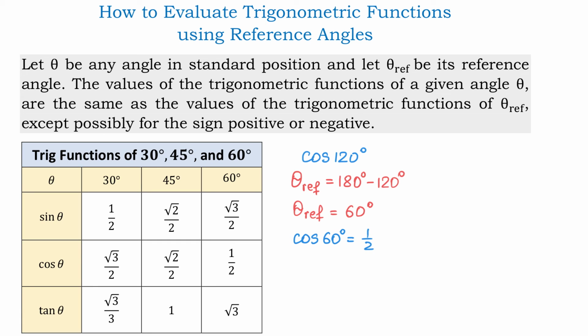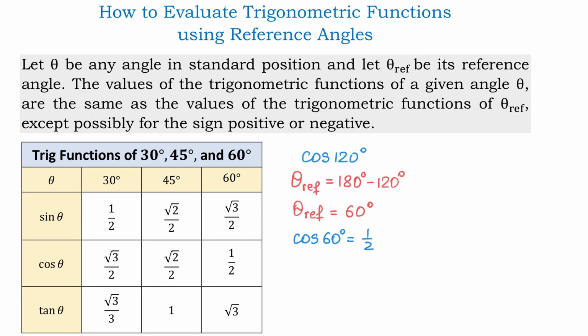Now here we have to understand that because a reference angle is always an acute angle, the value of any trigonometric function will be positive. Now if we read the statement above one more time, here it says that the values of the trigonometric functions of a given angle theta are the same as the values of the trigonometric functions of the reference angle, except possibly for the sign, positive or negative.